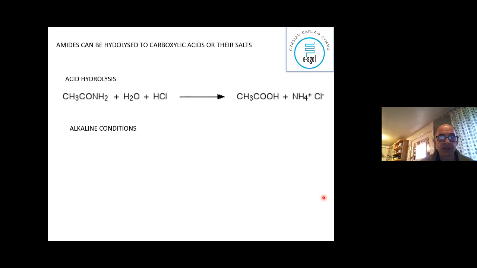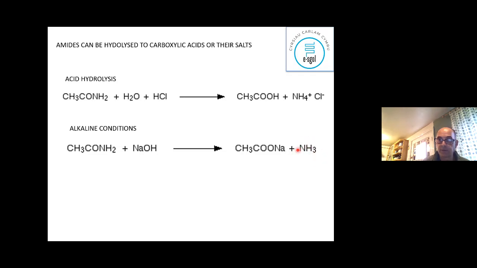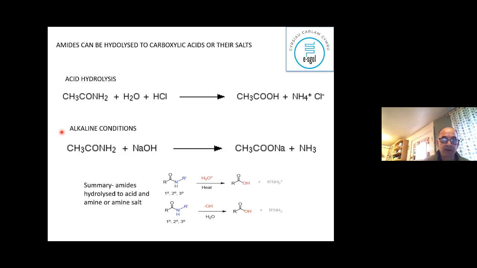Amides can be hydrolyzed in acid to go back to the carboxylic acid and ammonium chloride. In alkaline conditions, they will form the salt of the acid, in this case sodium ethanoate, and ammonia, which would turn red litmus paper blue if you did this as a test that you had an amide present. Amides are hydrolyzed to acid and amine or amine salt.